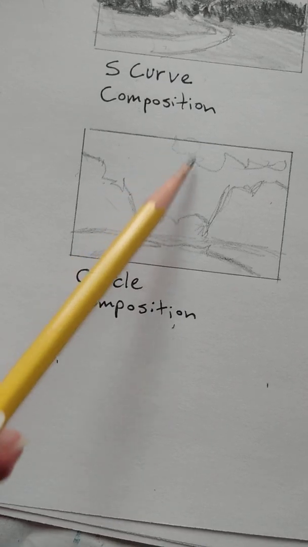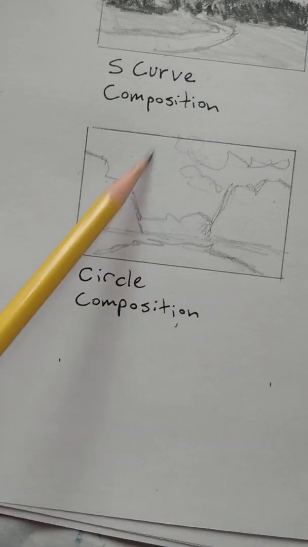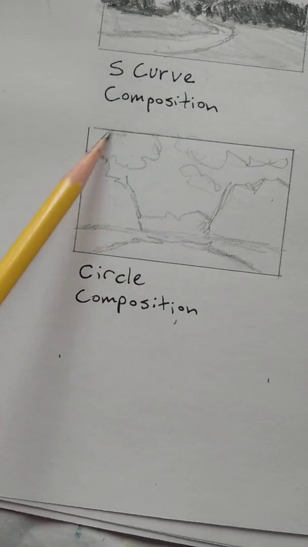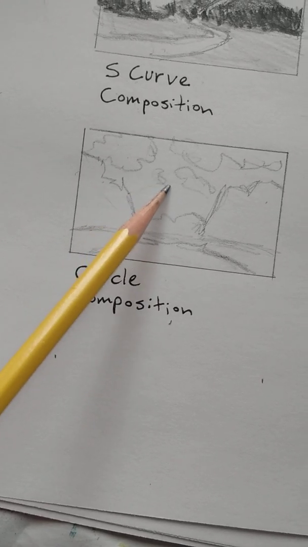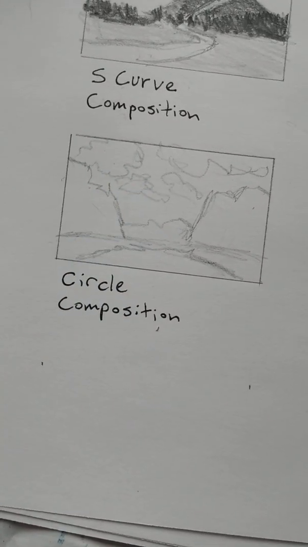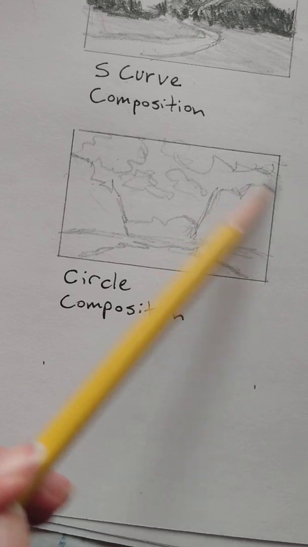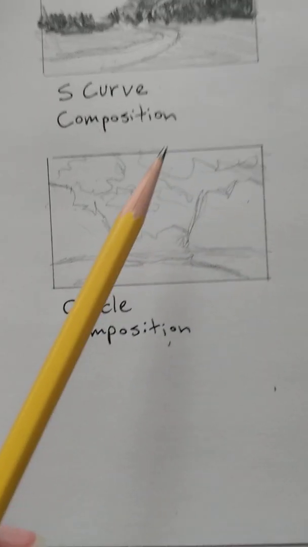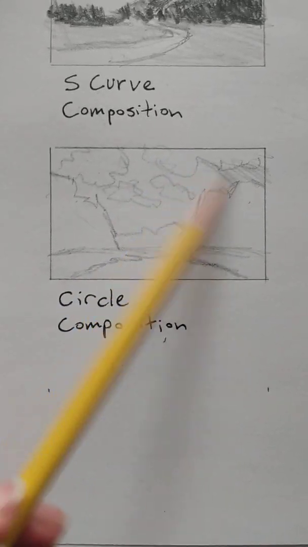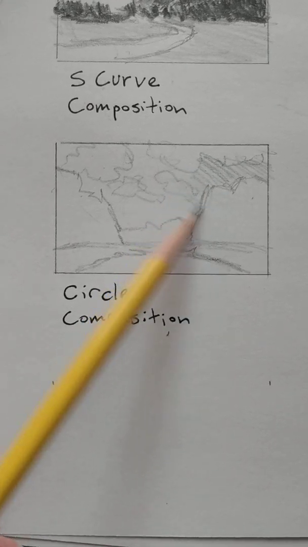Okay, and the clouds did not really look like it was making a circle though. But I'm creating it. I'm making the composition the way that I want it to be. Oop, I'll tilt it a bit so you can see it more straight on.